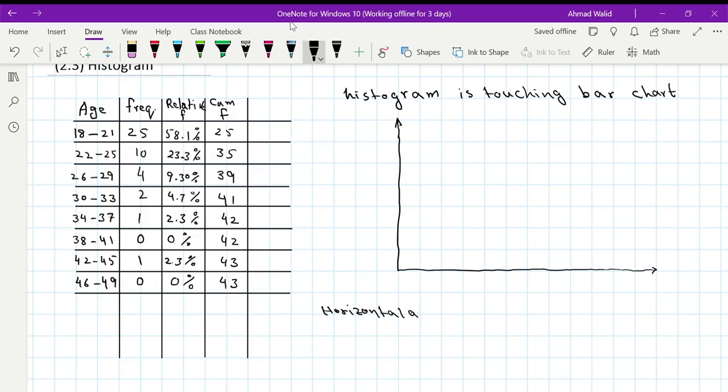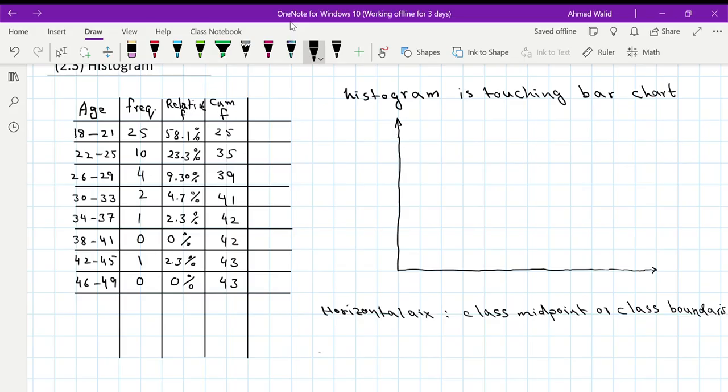What you do, you put your class midpoint, or you can use class boundaries, correct?